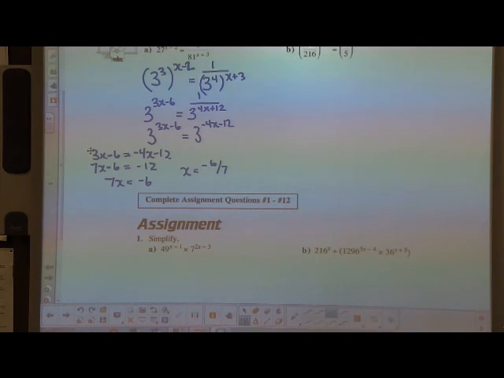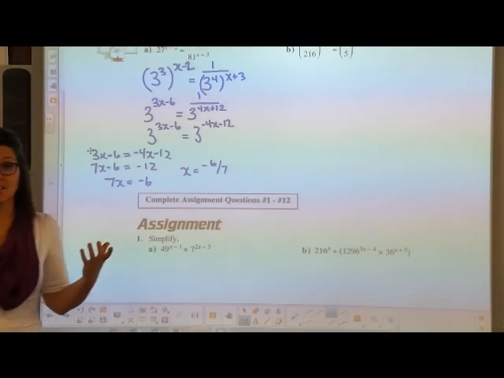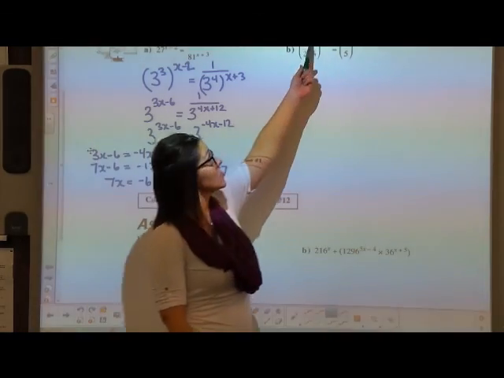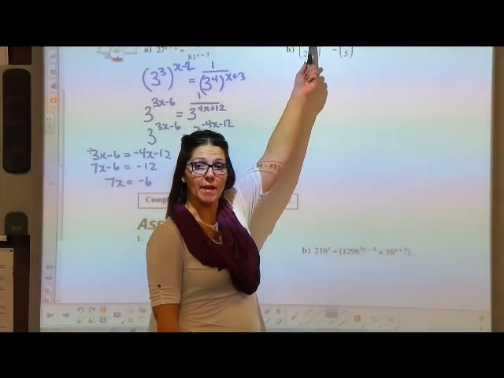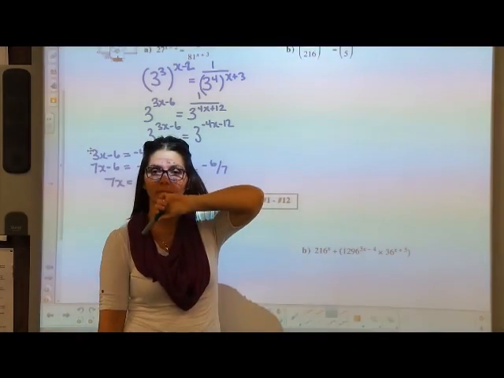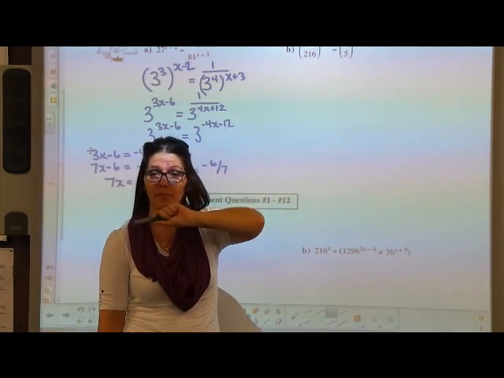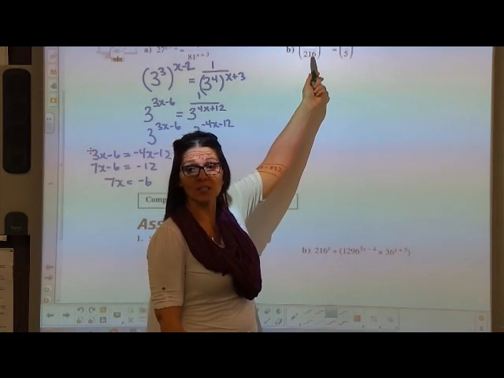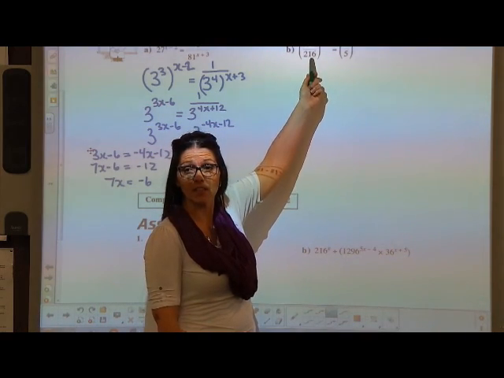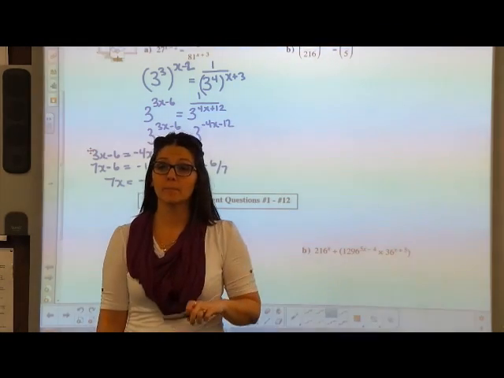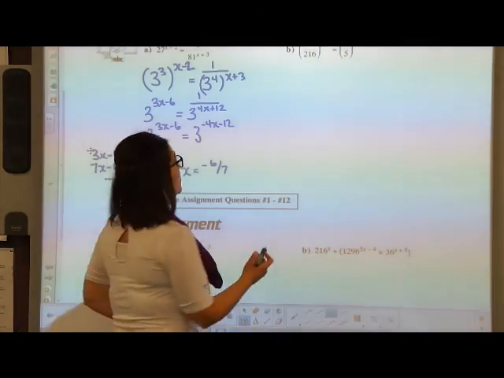Won't it probably be 6 over 5 because it's a fraction? It's probably going to have these 6s and these 5s. So 125, do you think that's going to be a base of 6 or a base of 5? Base of 5. 5 to the power of what? 3. So then 216 should be a base of 6. 6 to the power of 3.